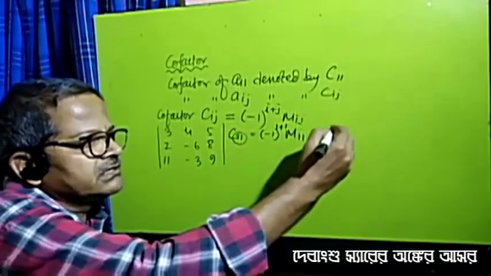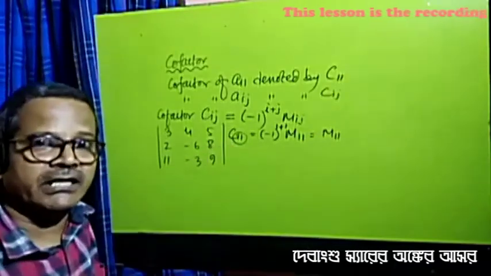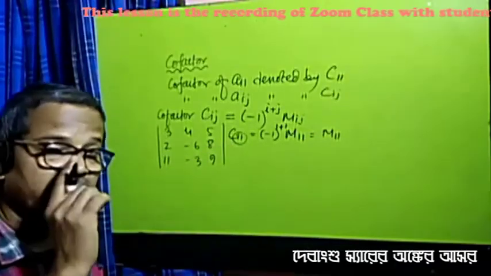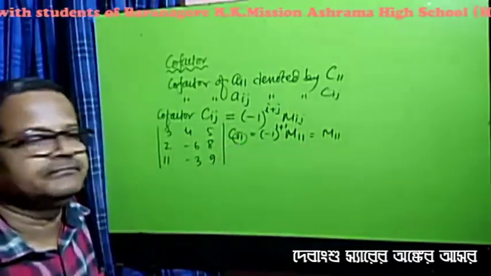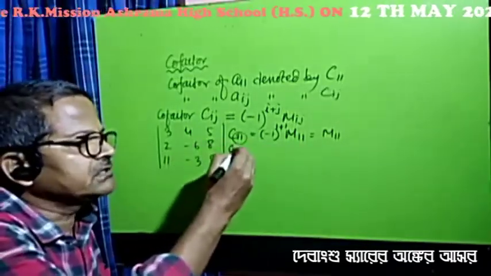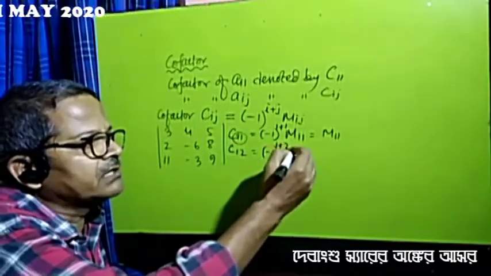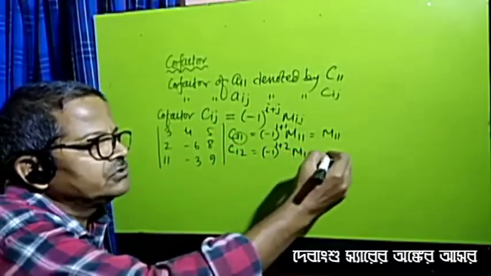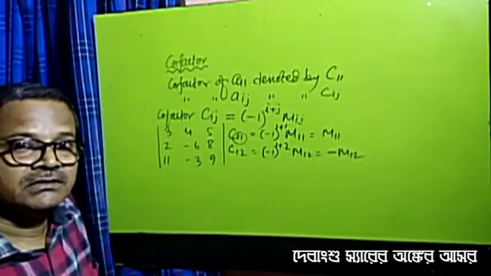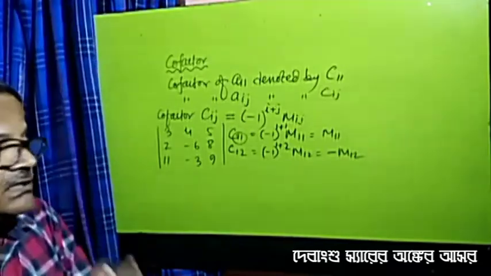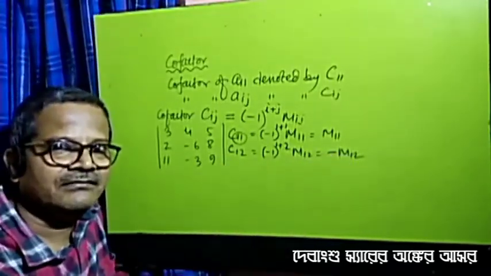So for the A11 element, the cofactor and minor are the same. But for C12, it is minus 1 to the power 1 plus 2 M12, so it is minus M12. For the C12 element, cofactor is negation of the minor.